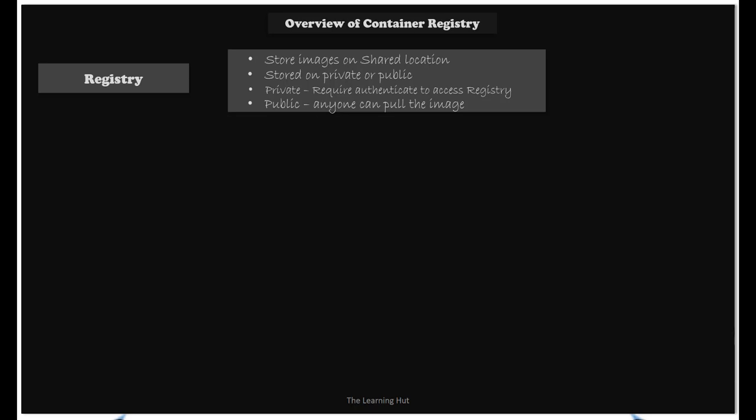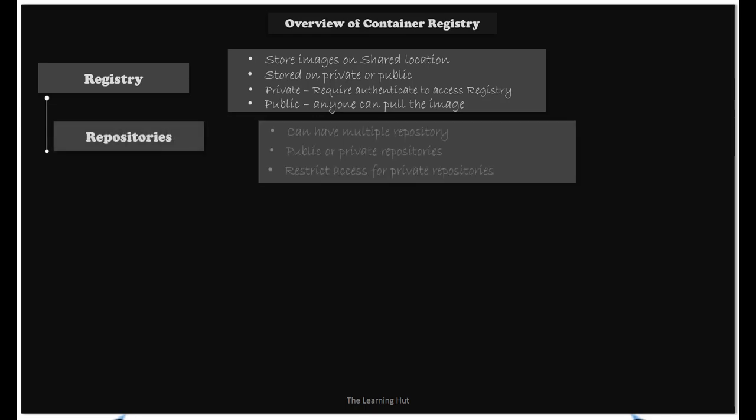There can be public and private registries. With a public registry, anyone can pull the image. For a private registry, we can use access control to restrict the access. In a registry, we can create repositories.